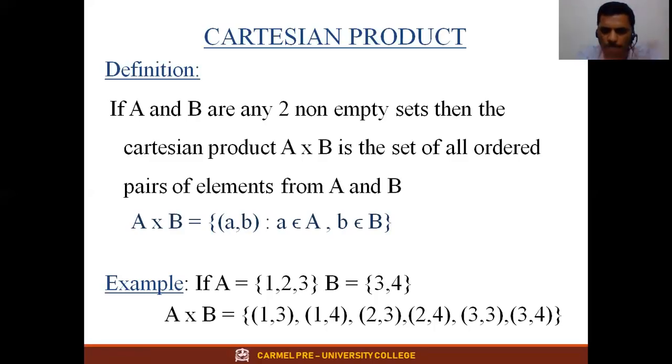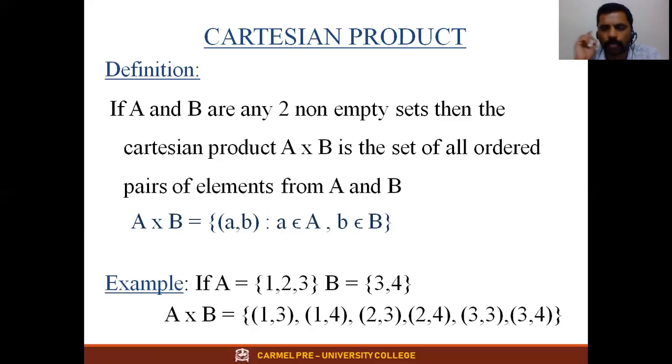All the pairs should be in a proper order. A cross B means the first element from the first set, the second element from the second set. Now, there is one more keyword, all. If you leave out even one pair which is in this order, then what you have written is not A cross B.